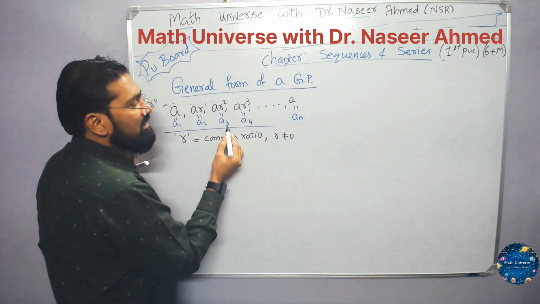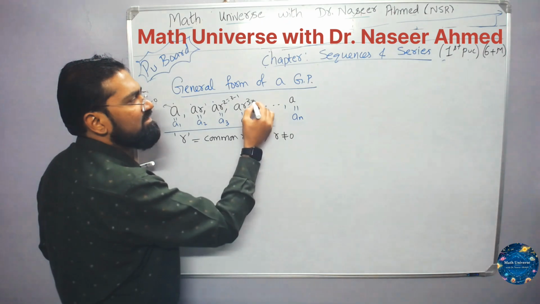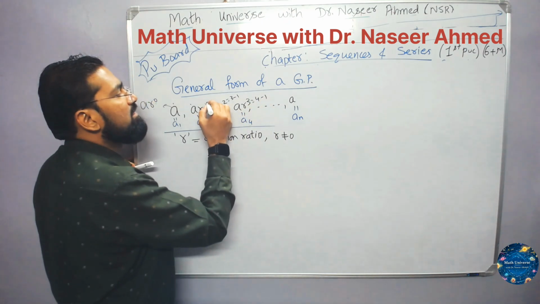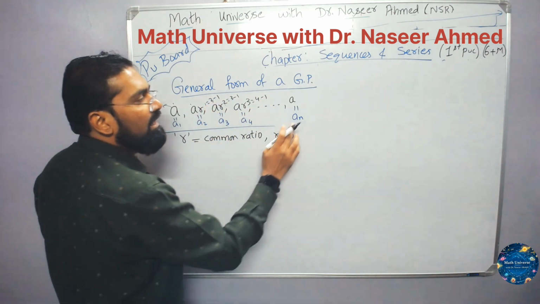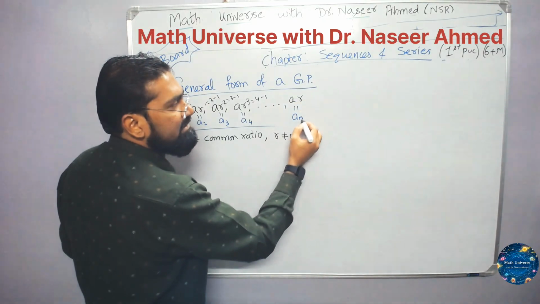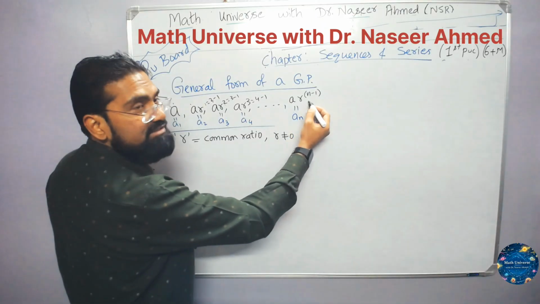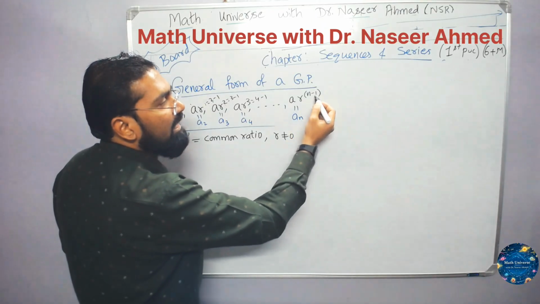Correct, no? So 3 minus 1, 2. This is what? I can say as 3 minus 1. What is this? 4 minus 1. What is this? 2 minus 1. So nth term. When I write R here, whatever index is there, the power is just 1 less than that. I am mentioning in the bracket so that it's very clear that power of R is n minus 1.